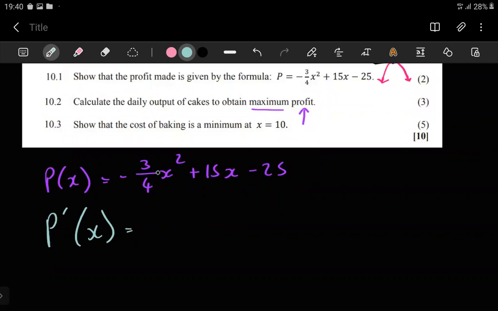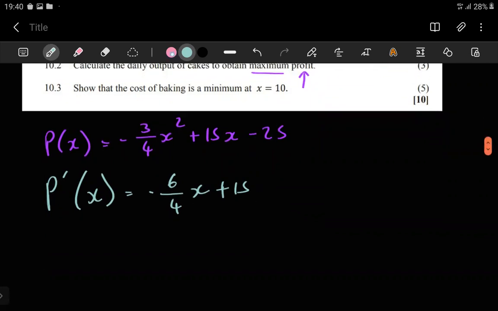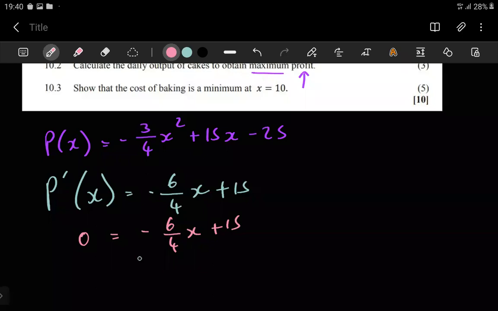Differentiating once, this times this is negative 6/4, 1 times 15 is positive 15. And then here we have x to the power of 0, and here it's a constant, so it falls away. So making this equal to 0 now, we have negative 6 over 4x plus 15.